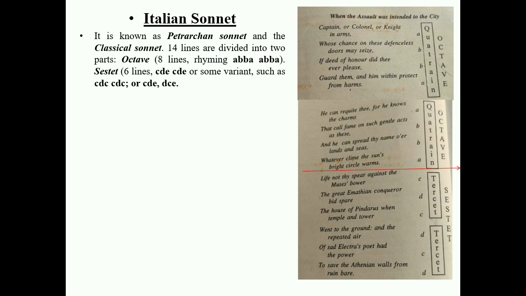So you can see the rhyming of these 8 lines. It will be A B B A A B B A. You can see it in the picture also. And the remaining 6 lines are called the sestet, and it has a particular rhyming scheme like CDE, CDE, or some variant such as CDC, CDC, or CDE, DCE.